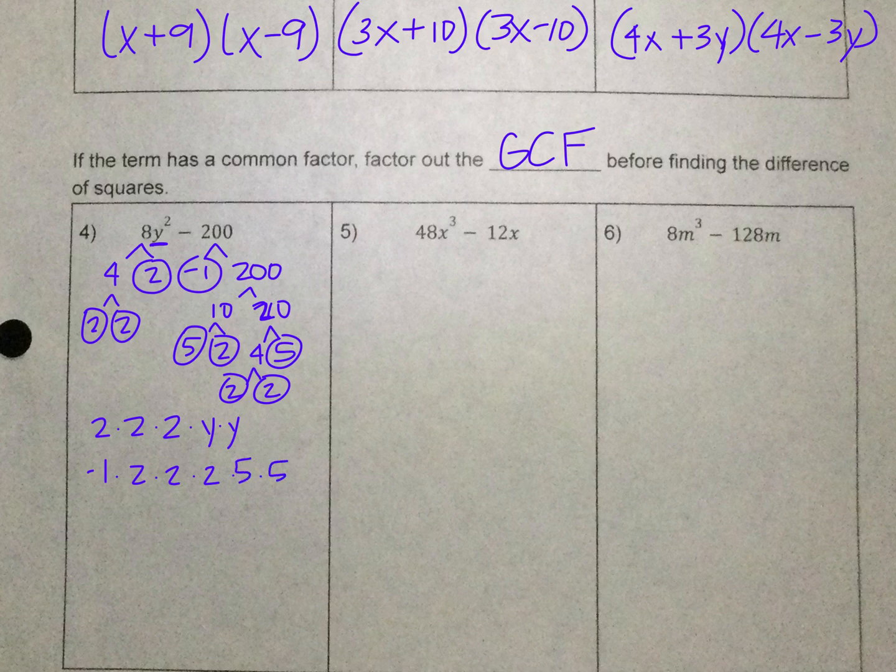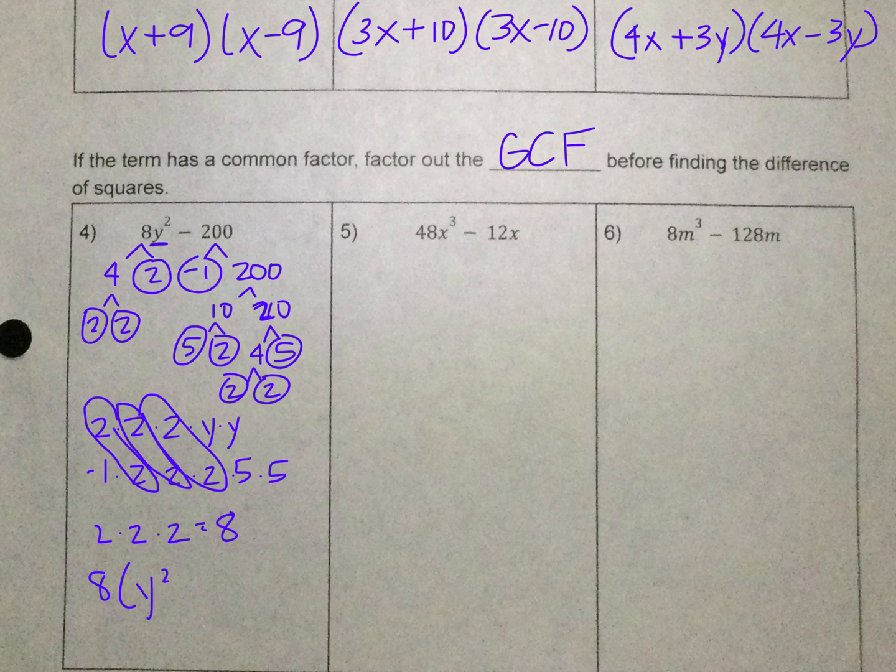Whew. All right. So what do we have that's the same? I have 3 groups of 2. So 2 times 2 times 2 is 8. So I'm going to write 8. And then left on top, I have y squared.